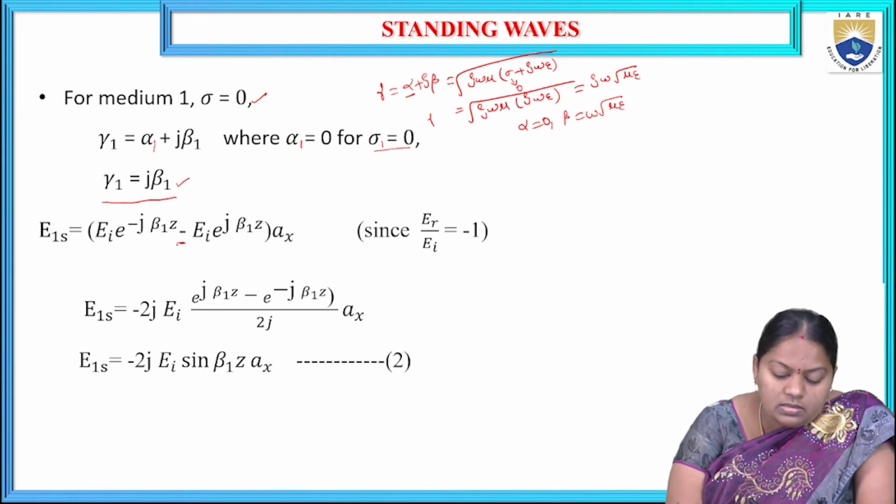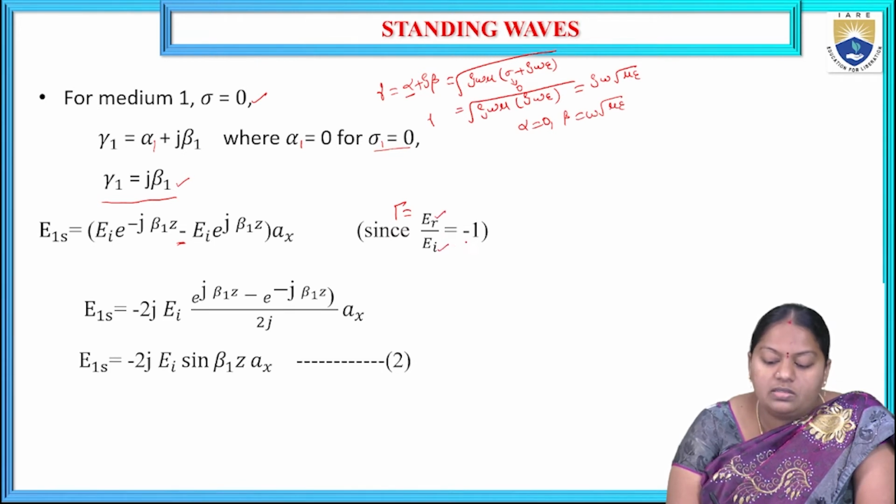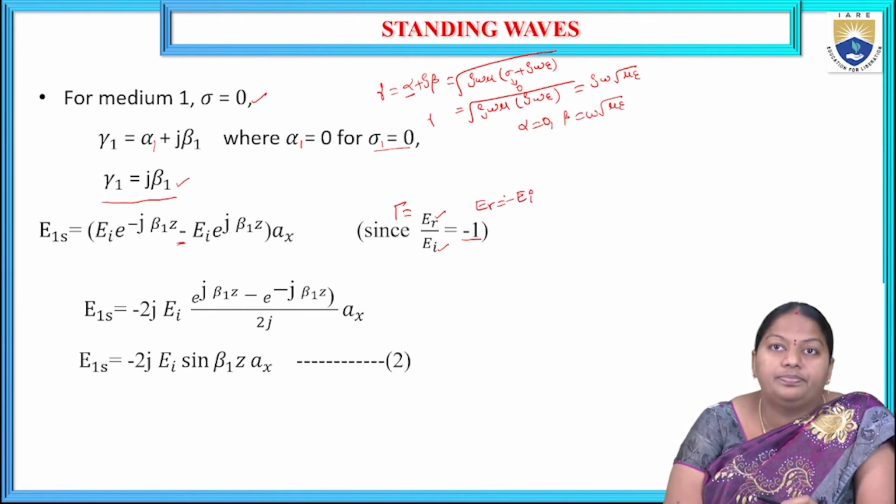Why is it minus? Just now we have seen that the reflection coefficient Γ is the ratio of the reflected wave field strength to the incident wave field strength. For the perfect conducting medium, if we substitute η2 equal to 0, then Γ becomes -1. From these two, E_R is equal to minus E_I. Okay.